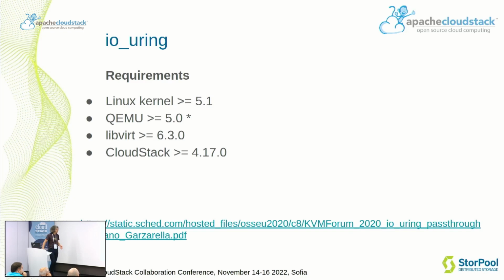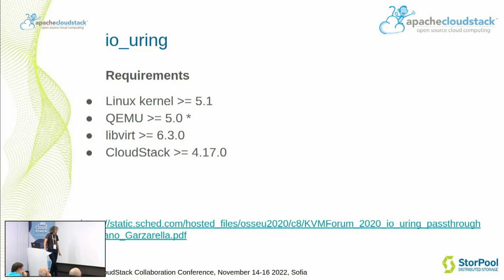The requirements to run io_uring: first, the host kernel. Host kernel should be 5.1 or later, so this is the easy part. QEMU should be version 5.0, with an important asterisk here.